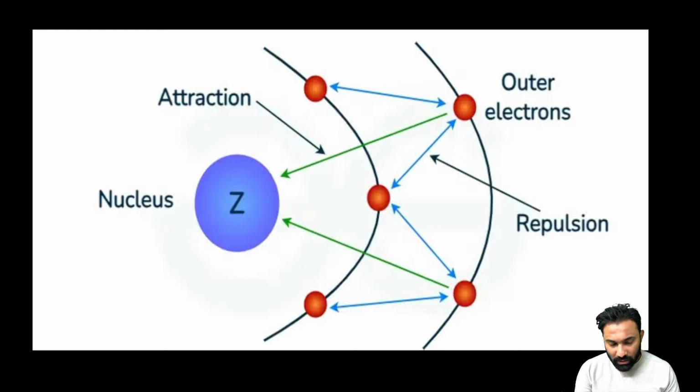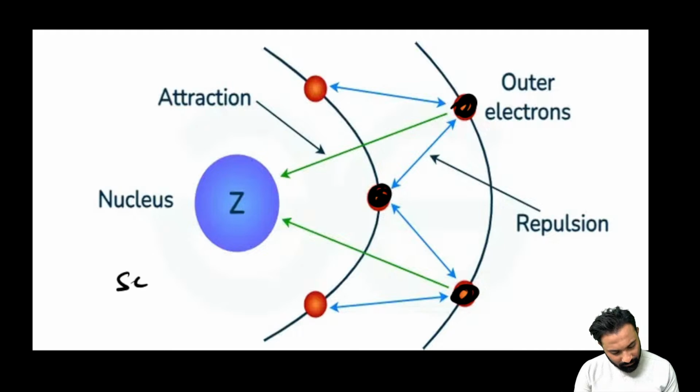Now you see here how the inner electrons are attracting and how the inner electrons are repelling. Now you see, this is one. This is the n minus 1 d orbital electron. And which electrons are these? 4s2 electrons.